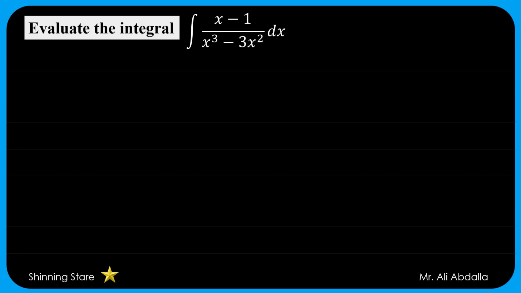Evaluate the integral of x minus 1 over x to the power 3 minus 3x to the power 2 dx. First, we need to find the partial fraction of this function. We can factorize the denominator and get x minus 1 over x squared times (x minus 3).